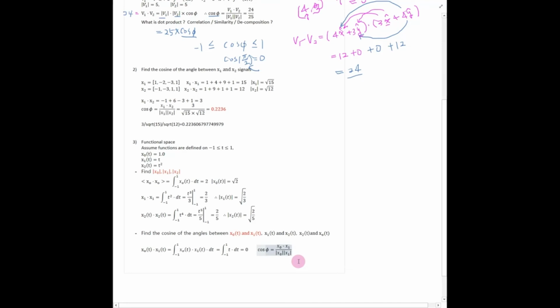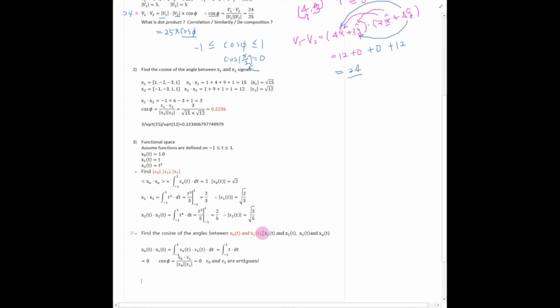Anyway, the numerator is 0, and whatever the denominator, square root 2 and square root 2 over 3, the numerator is 0, so the cosine is 0. It means x0 and x1 are orthogonal or independent.